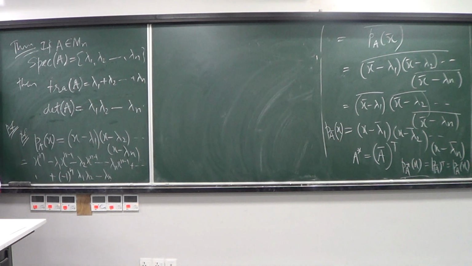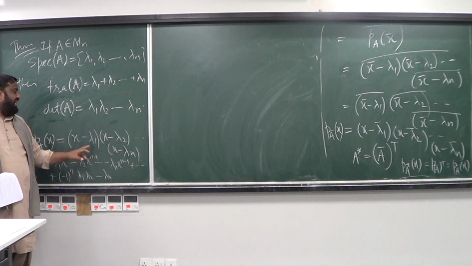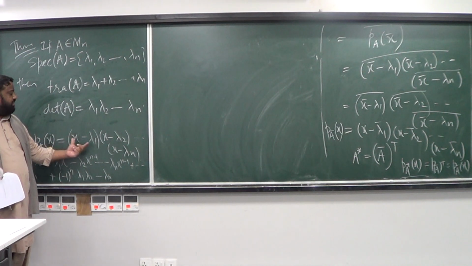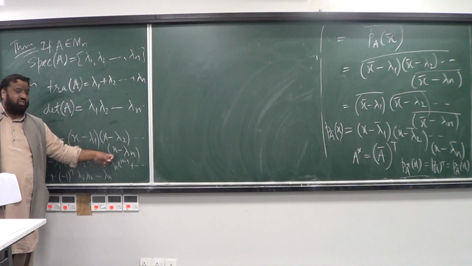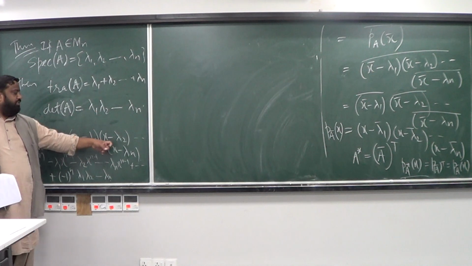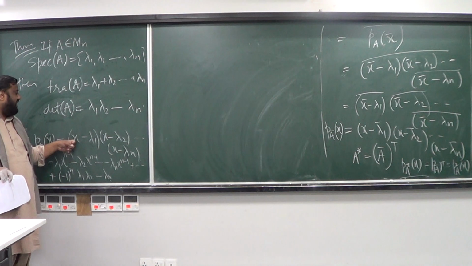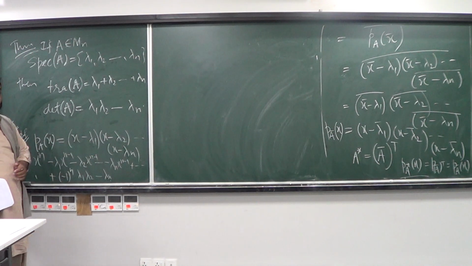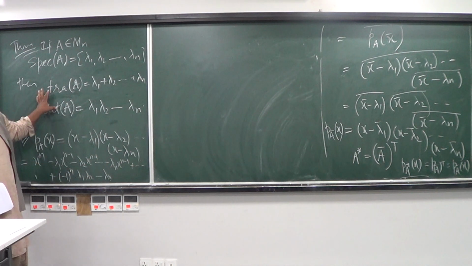So again, from each term I took x, so I got x power n. Then from the first term I took lambda 1, and from the rest of the terms I took x, so I get lambda 1 x power n minus 1. And then from the second bracket I took negative lambda 2, and from all the others I took x. So I'm going to get minus lambda 2 x power n minus 1, and so on and so forth. There are for sure more terms, but I am interested in proving this identity.